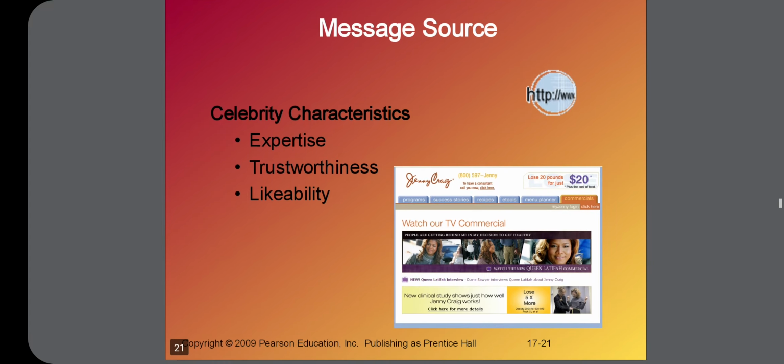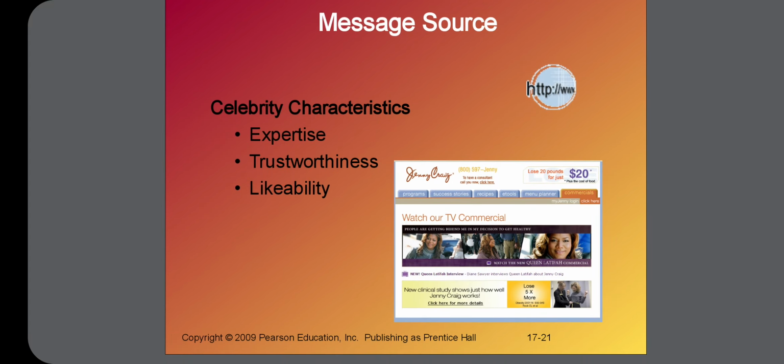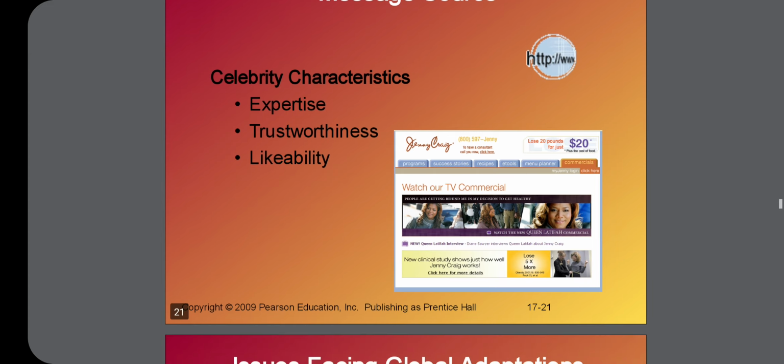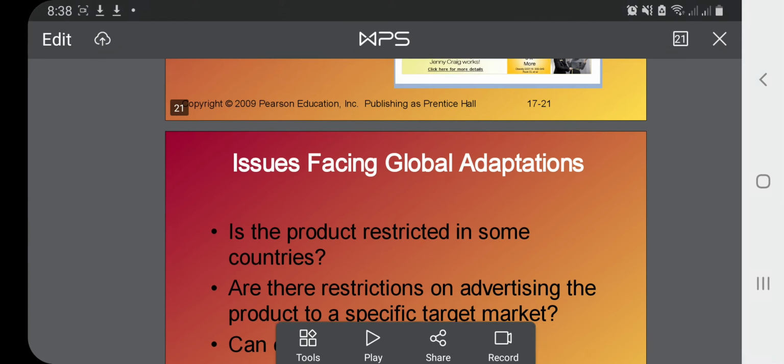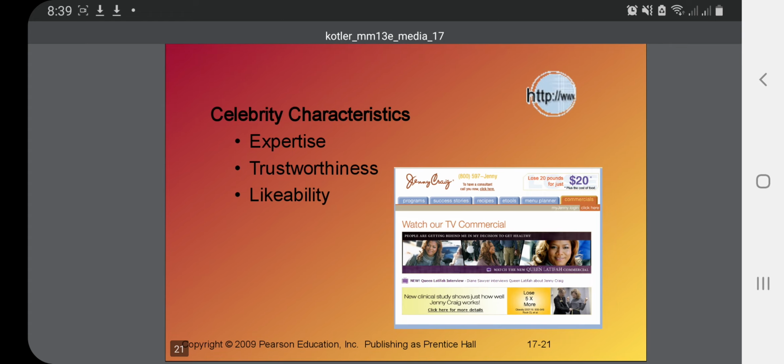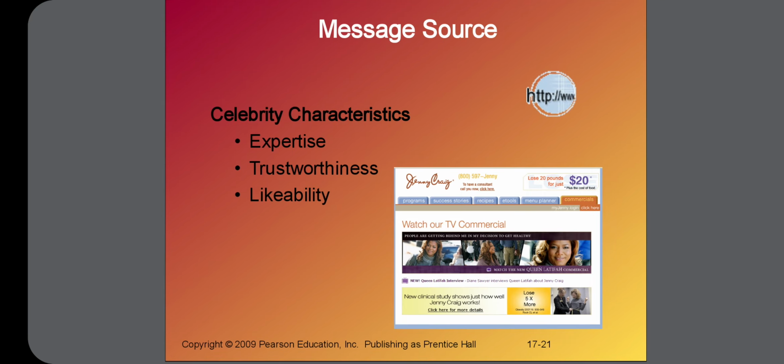In terms of message source, some companies also use celebrity characteristics in terms of their expertise, trustworthiness, likability. So for Haynes, they use Michael Jordan as a celebrity to advertise their products.